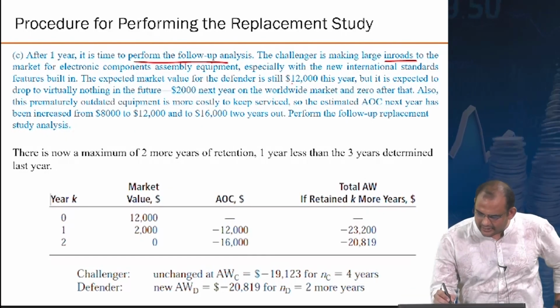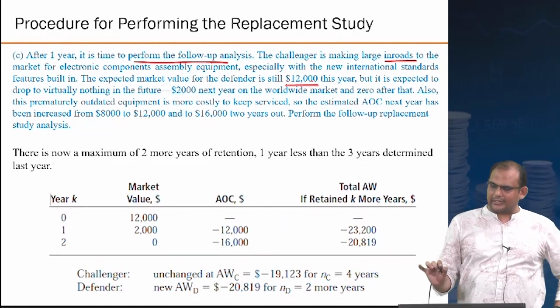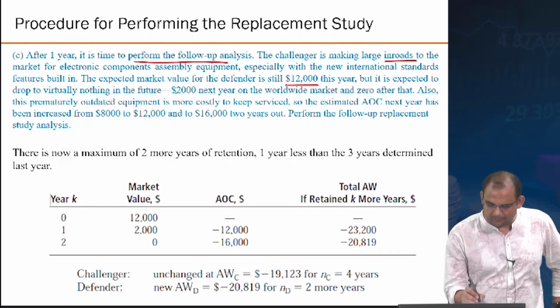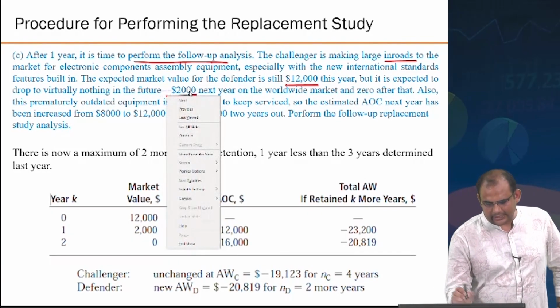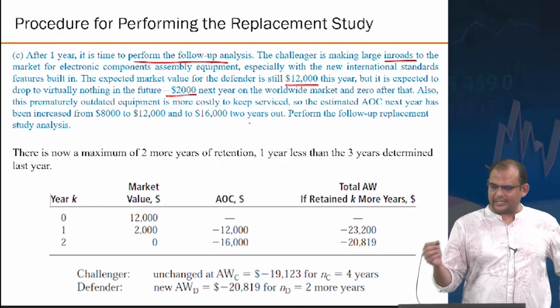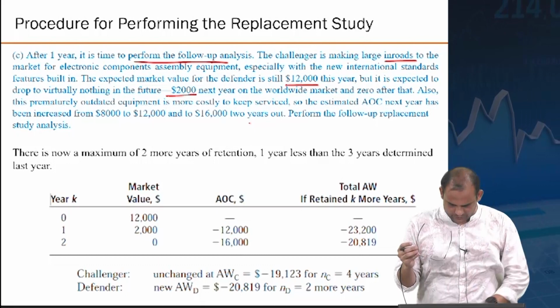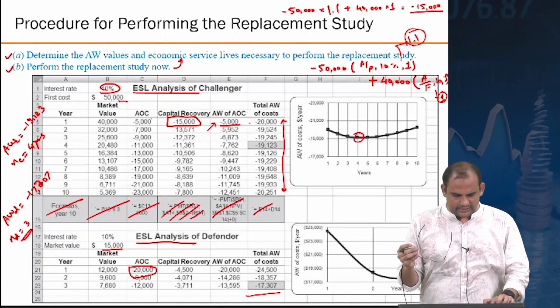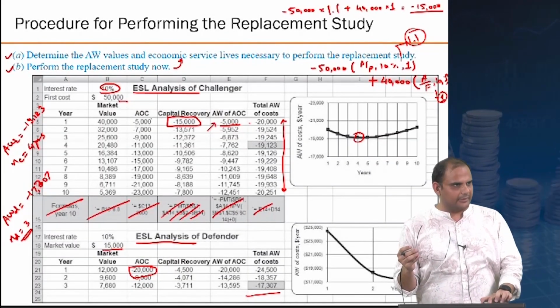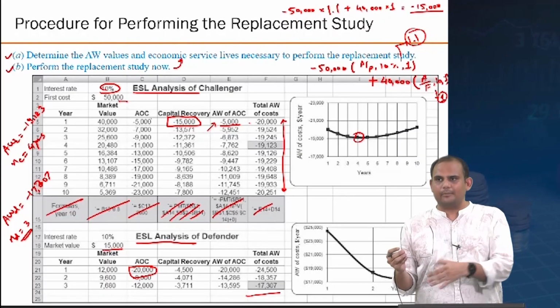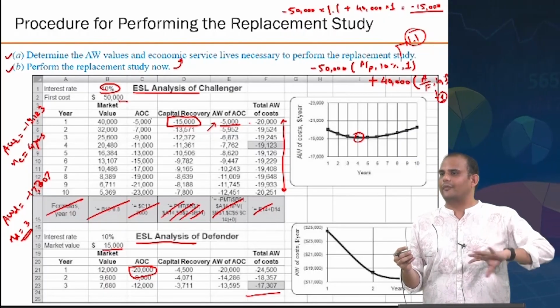The expected market value of Defender is still 12,000 this year, but it is expected to drop virtually to nothing in the future, which is 2,000 next year, and zero after that. So originally it was 12,000, 9,600 and 7,680, but now you estimate that the values are depleting much faster.